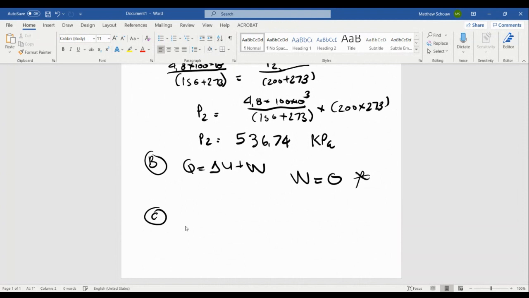The change in internal energy. This can be calculated by mass times CV times T2 minus T1. So always remember, for internal energy you always have to use your constant volume heat capacity.